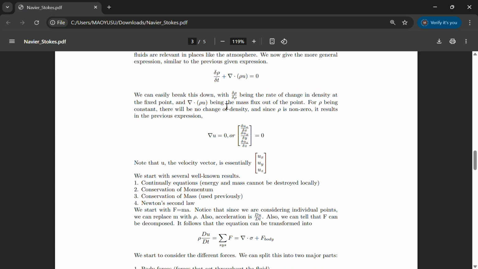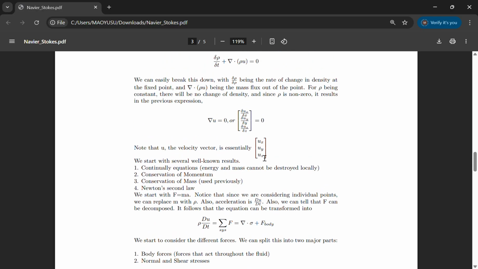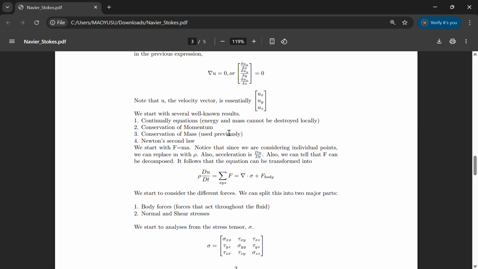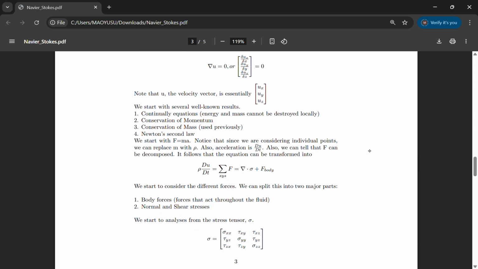So for rho being constant, there's no change in density, since rho is non-zero. So this one is basically the incompressibility. You just give this in the case that it's incompressible. This is just basically expanding u for matrices to cover the vectors in 3D Euclidean space.